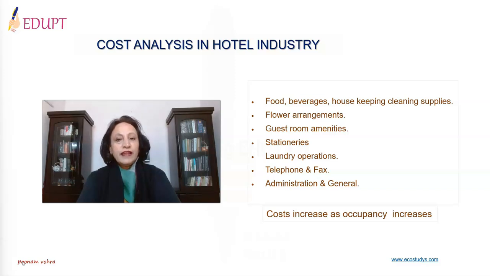If say 80% of the rooms are occupied, cost involved would be much higher in comparison to a situation where only say 30% of the rooms are occupied. So one then thinks, what are the costs that increase with increase in occupancy and decrease with decrease in occupancy? Or are there any costs?